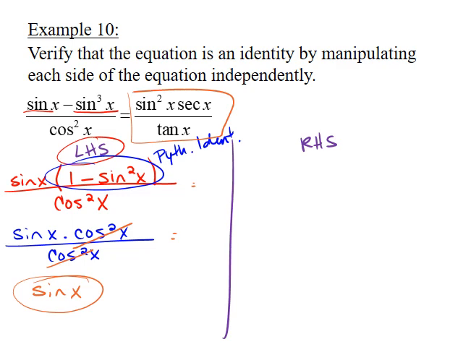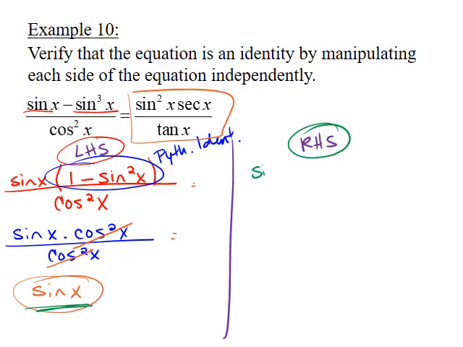So what I can do is I can move over to the right-hand side, see if I can manipulate that and end up with sine of x. If so, then I have verified the identity. Now, you guys are probably pretty good at math, but you are not good enough at math to make up math. So you need to make sure that you are using real-life algebra rules.